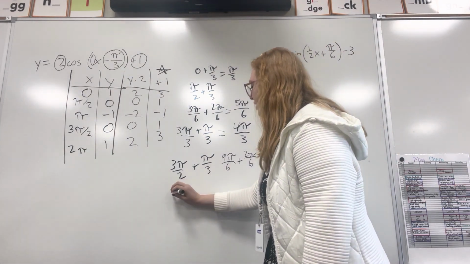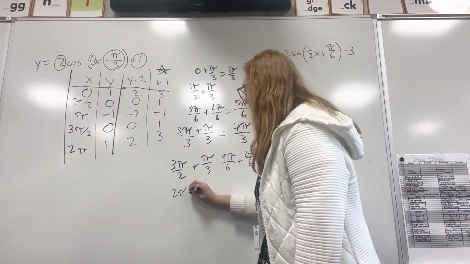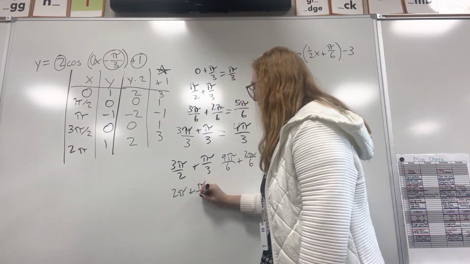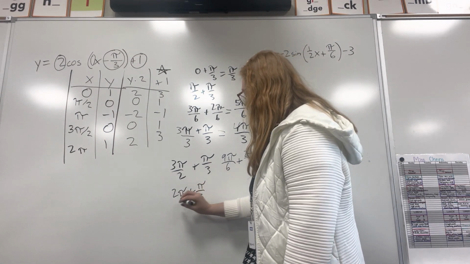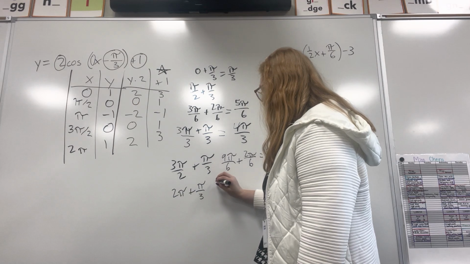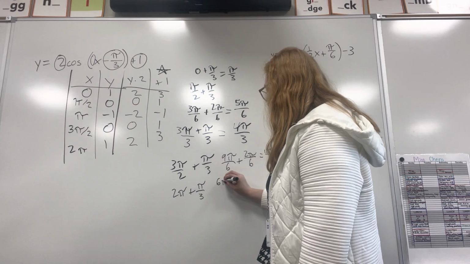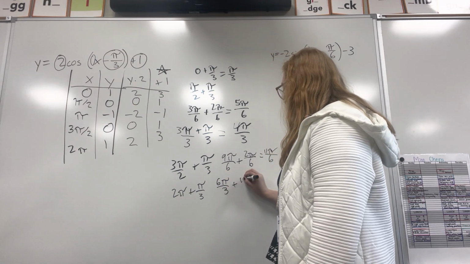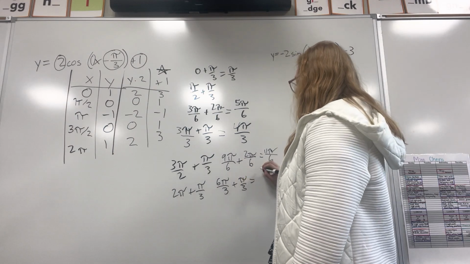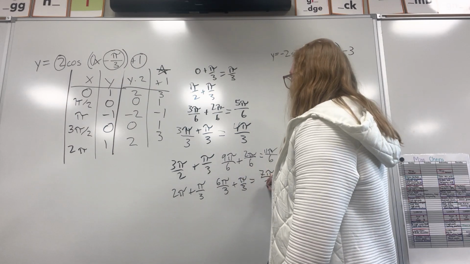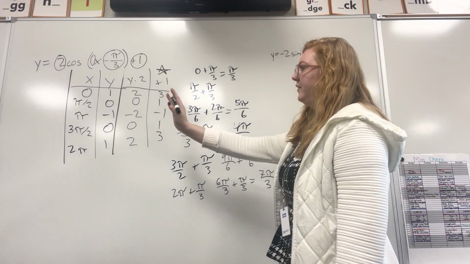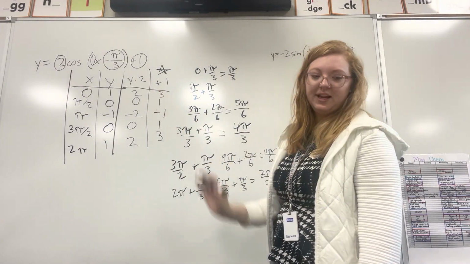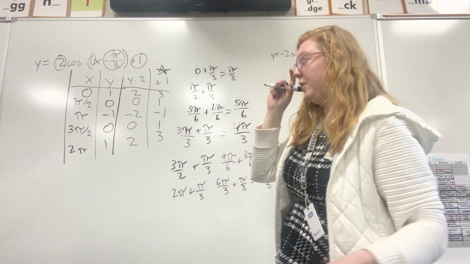And then our last one is 2 pi plus pi over 3. And then they're still not the same, so that's going to be 6 pi over 3 plus pi over 3 equals 7 pi over 3. I'm going to add all of these over to our x side, and then those are going to be what we end up plotting.